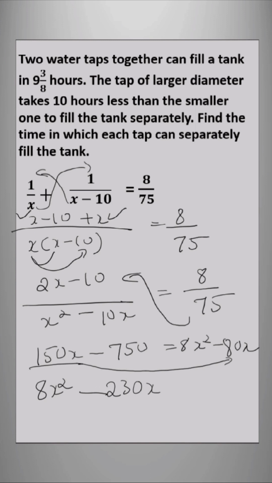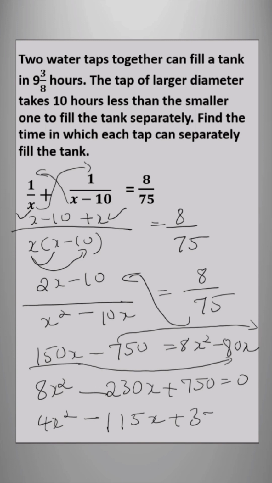Transpose this to this side, positive 750 is equal to 0. Dividing by 2, that is equal to 4x square minus 115x plus 375 is equal to 0.